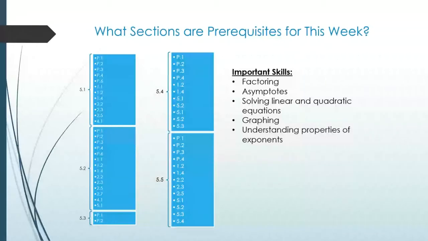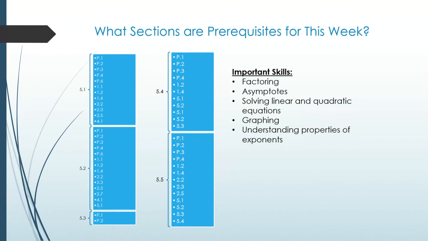This week you're going to be doing a lot more factoring, as always. There are asymptotes when we talk about exponential and logarithmic functions, so you're going to be looking at asymptotes again. You'll be solving linear and quadratic equations, and you'll be doing some graphing. We haven't really dealt too much with the properties of exponents since we were multiplying polynomials, so now you're going to be working with those properties of exponents again.